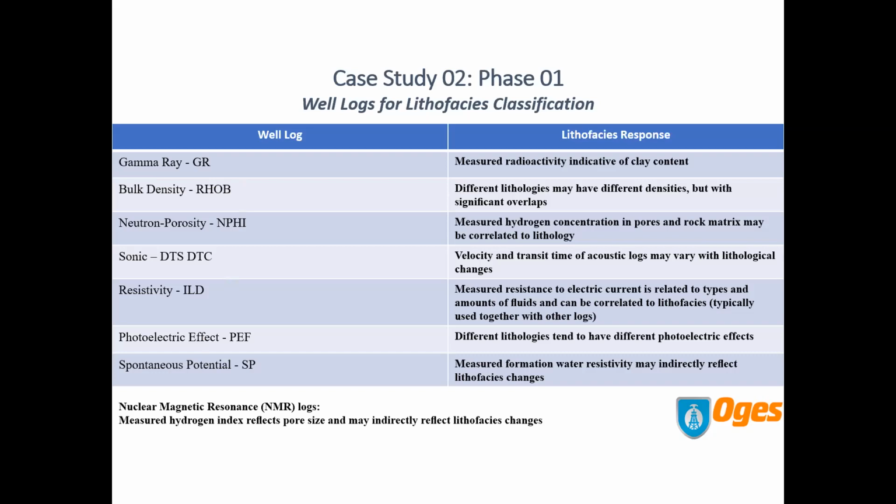So in using well logs for lithofacies classifications, the first step is really to select the discriminant logs. What I mean by discriminant logs are obviously going through that process of statistically finding which are the most important logs that will give you insight to resolve the business problem that you're looking at.